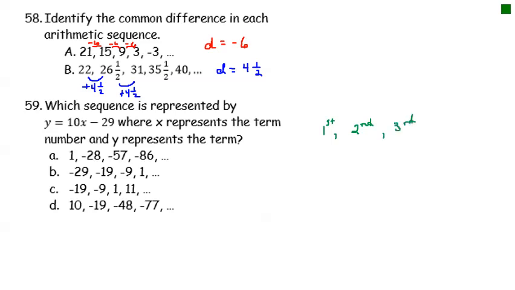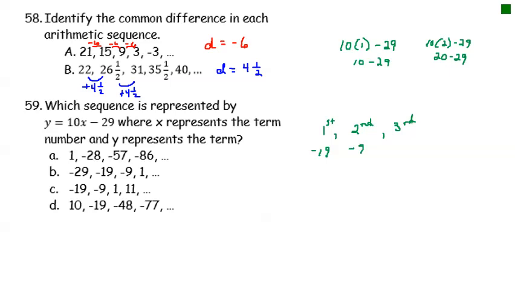Okay, so whenever I plug in 1 for my first term, I've got 10 times 1 minus 29. And that gives us 10 minus 29 is negative 19. So whenever I plug in 1, I get negative 19. When I plug in 2 for the second term, 10 times 2 minus 29, that gives us 20 minus 29, which gives us negative 9.